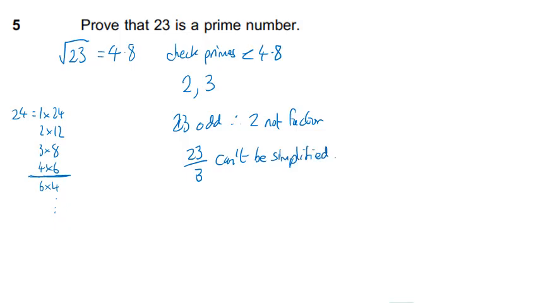We're going to get a decimal answer if we do that. So therefore 3 is not a factor either. Okay, so therefore 23 is prime. We haven't checked 4 because it's not prime, because 4 is just 2 times 2 and we've already checked 2.